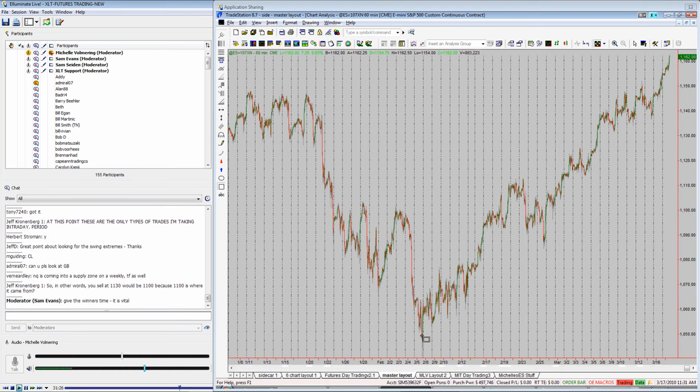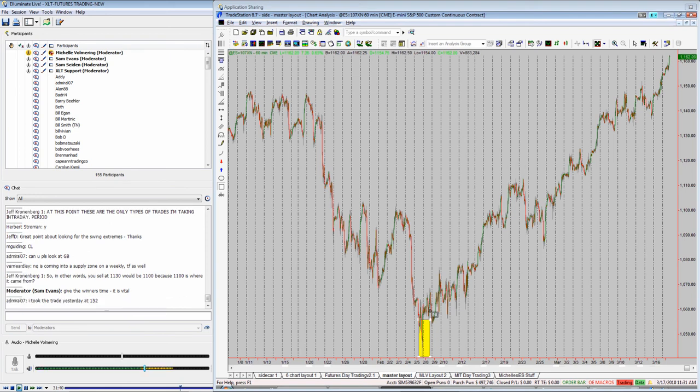Bigger picture, the moves from the extreme range that we had off of the low that was put in on 2.5. Okay, this is back in February. At the time that this market had put in this bottom, we looked back to the swing points that were created where buying pressure continued. And then we're going back up here and looking at the moves that have continued.